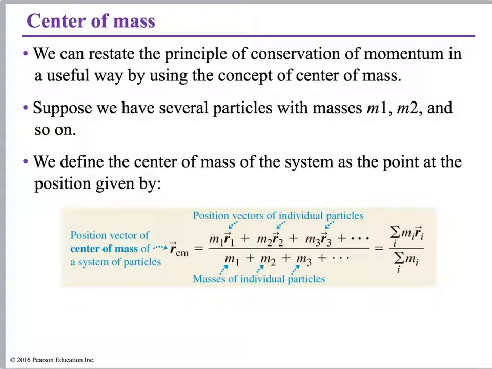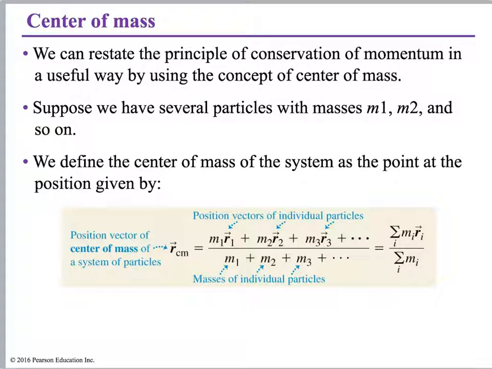The center of mass is a weighted average of the position. You could replace your whole collection of objects with a single mass equal to the sum of all the individual masses, and if you put it at that location, it has exactly the same effect.